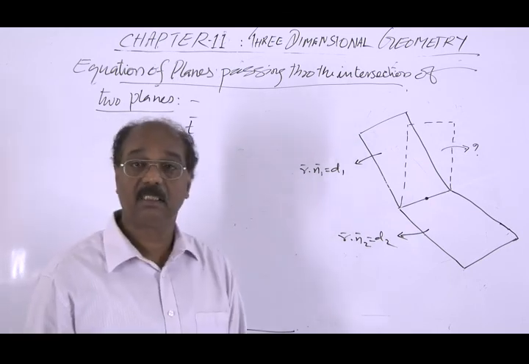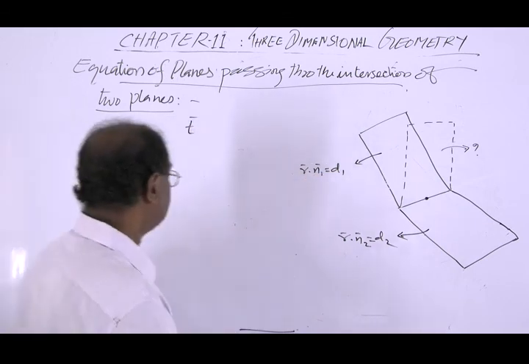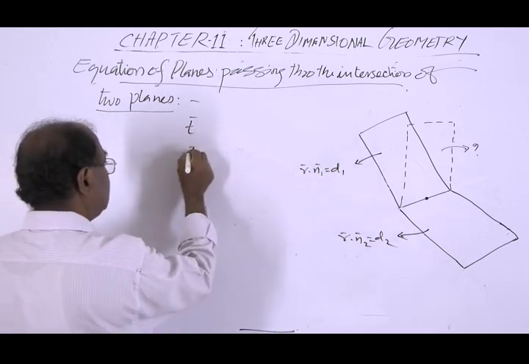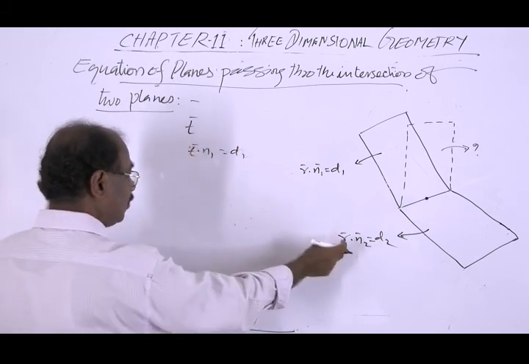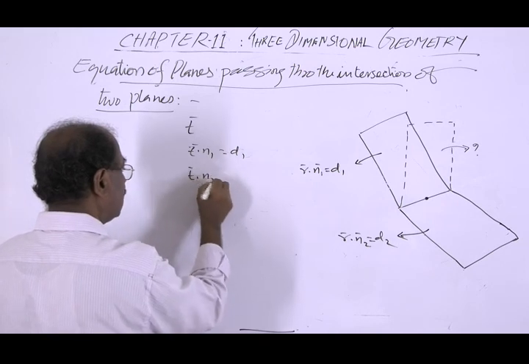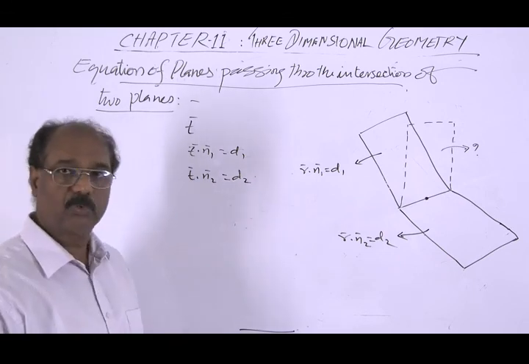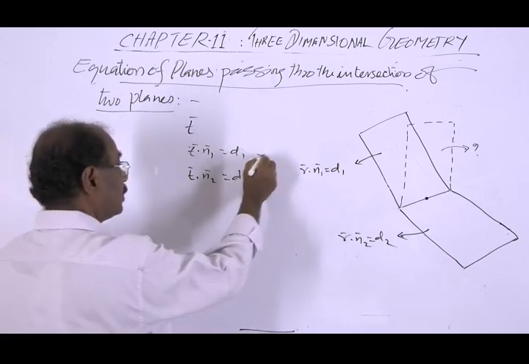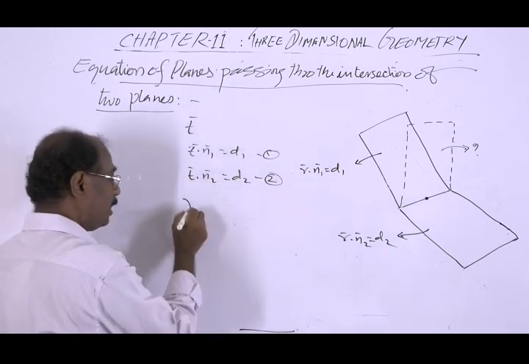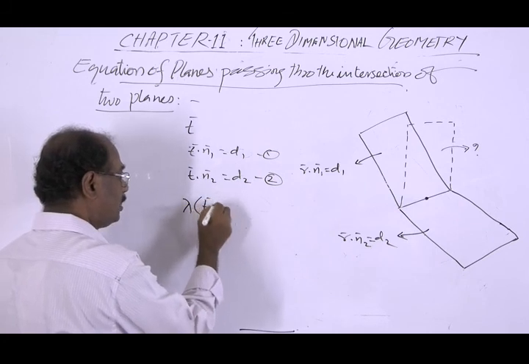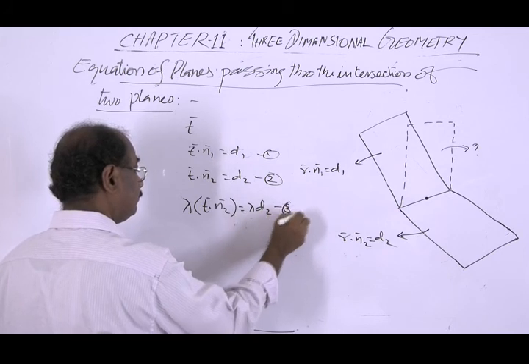Applying this for the first plane, we see that t dot n1 equal to d1, and applying for the second, t dot n2 is equal to d2. This is equation 1 and this is equation 2. Suppose we multiply the second equation with some lambda, we get lambda into t dot n2 is equal to lambda d2, equation 3.